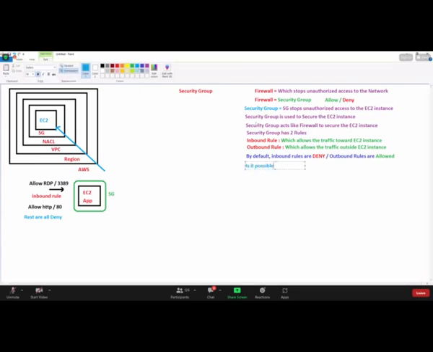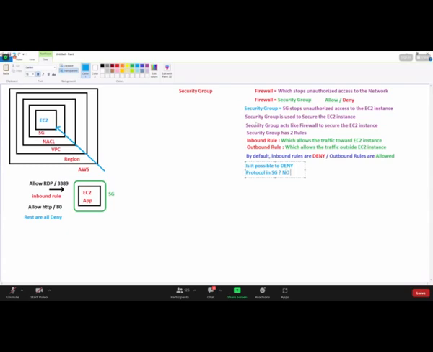Is it possible to deny a protocol in a security group? What is your answer? Is it possible to deny protocol in security group?